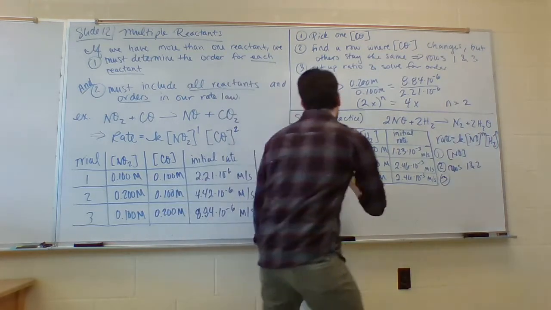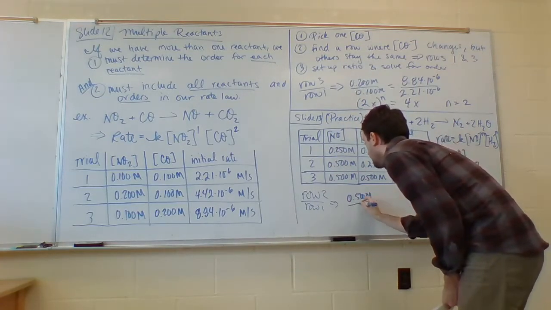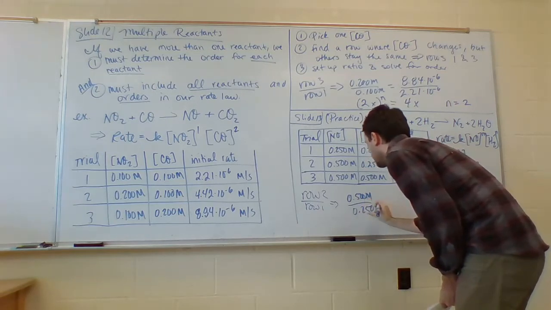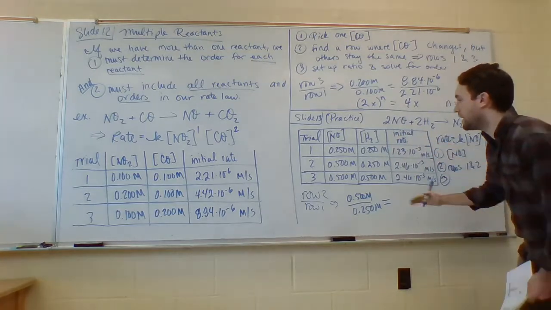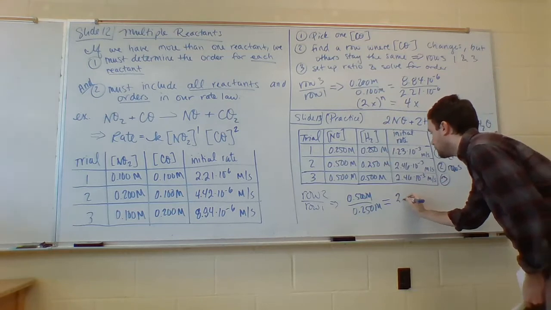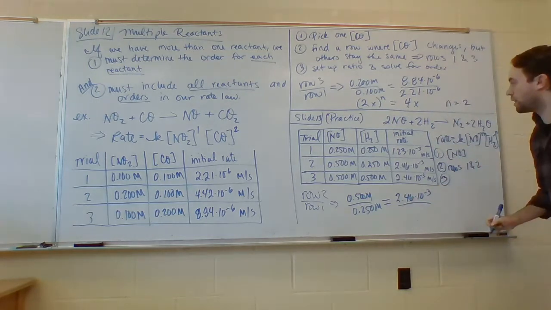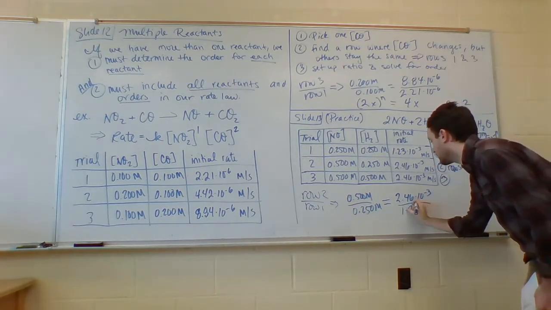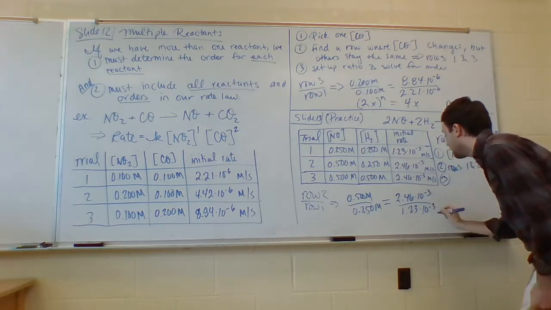Then I'm going to have my concentration, which is 0.500 molar over 0.250 molar. And that's going to be equal to our rates, again with row 2 on top. So we have 2.46 times 10 to the negative third, and row 1 on the bottom, which was 1.23 times 10 to the negative third.